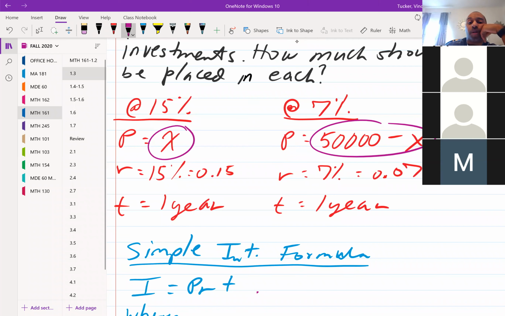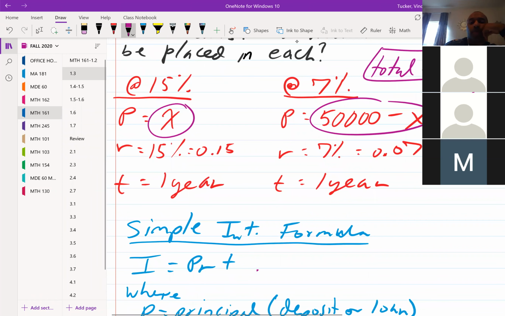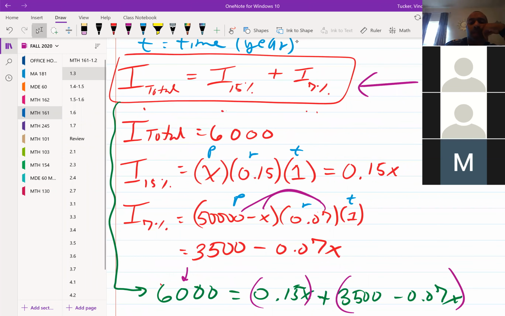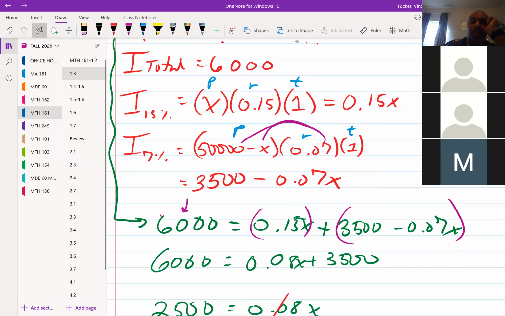Once again, you'll call one X and then let the other one be the total minus X. That's what we did right there. You multiply those three together to represent the amount of interest earned for each account. From there, we would go ahead and solve the equation and combine your like terms.